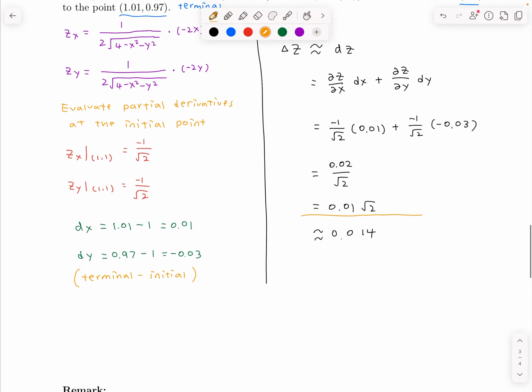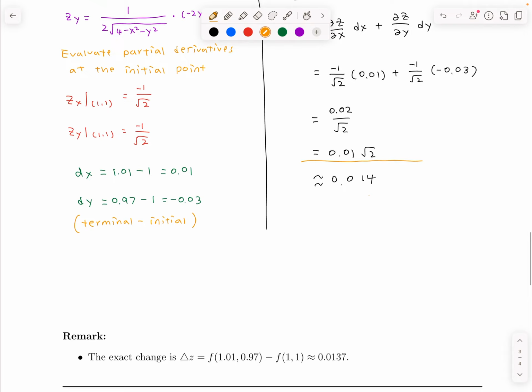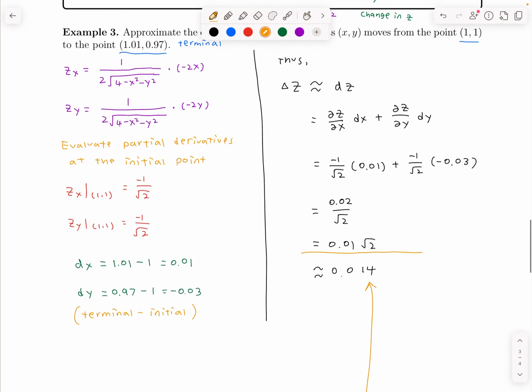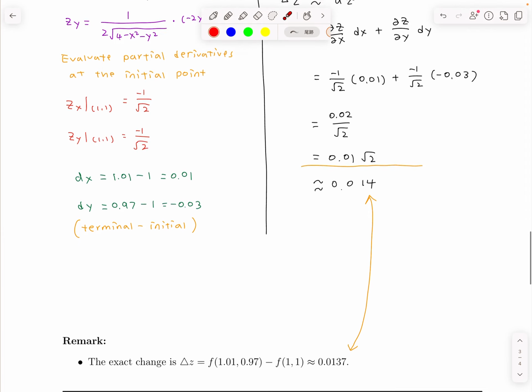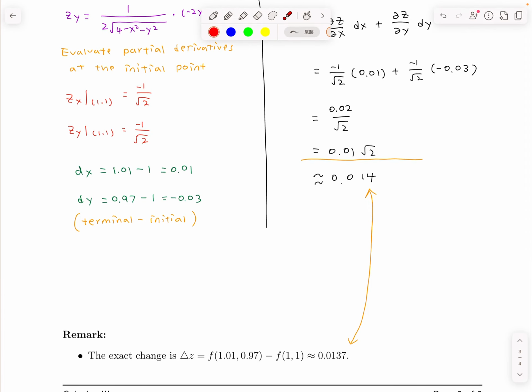The reason I calculate that is because I want you to compare with the true value here. So the exact change is delta z, which is f of 1.01 comma 0.97 minus f of 1 comma 1. So you will really need a calculator, okay? So plugging this value and then minus plugging this value. Okay, so by using the calculator, we have 0.0137.